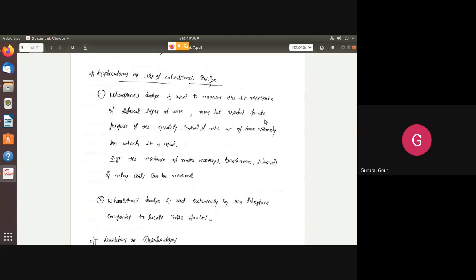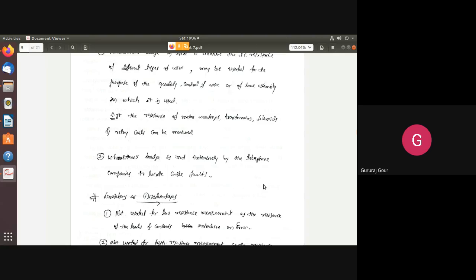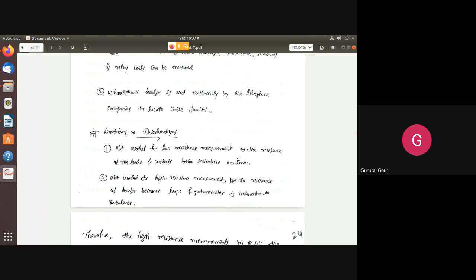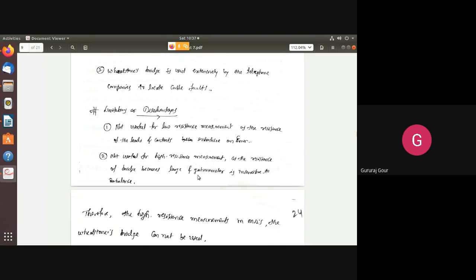It may be useful for quality control of wire or some assembly in which it is used, for example resistance of motor windings or transformers or solenoids. It can also be used by telephone companies to locate cable faults. The limitations: it is not useful for low resistance measurement like leads or contacts.